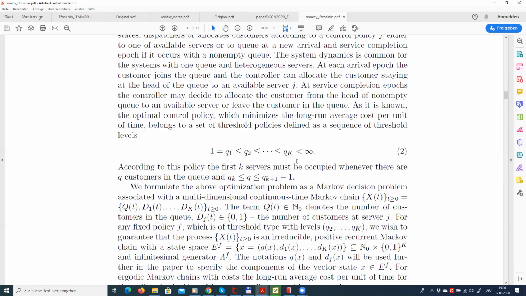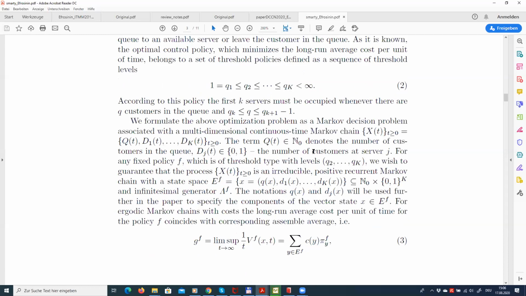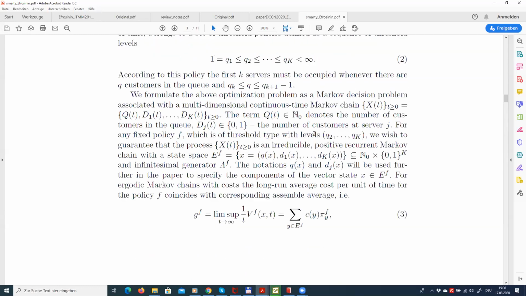So those are the two main points in our paper. The formal things connected with the description of the Markov decision problem I don't want to explain in detail.